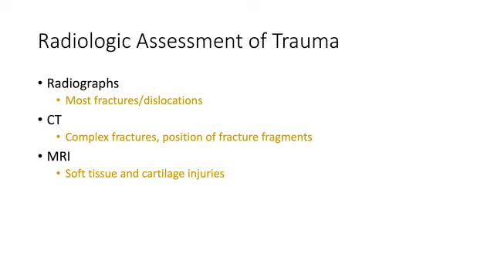CT, if it's something complex or we're trying to figure out where the fracture fragments or segments have gone, can be very beneficial. MRI is going to be more for our soft tissue and cartilage injuries. I'm sure you guys are very familiar with patients that have things like rotator cuff tears or a labrum tear. Those are going to be soft tissue injuries.